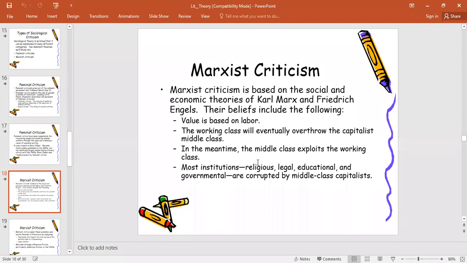Most institutions, religious, legal, educational, and governmental, are corrupted by middle class capitalists. Now see how he has highlighted the most important issues of our society. Religious institutions: recently you have come to know how international organizations are going to pay religious people in the country.